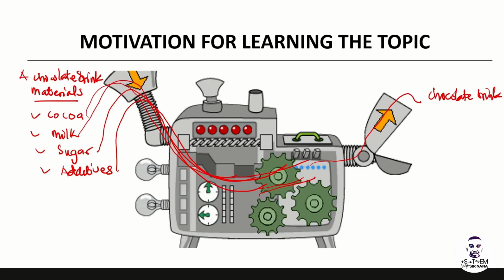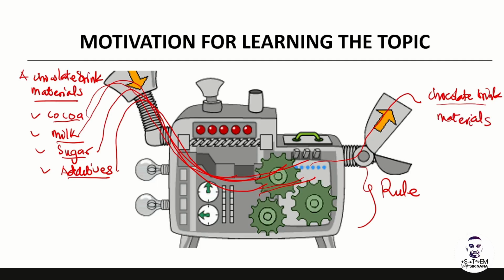Right. So this machine serves as a rule, and these cocoa, milk, sugar, and additives are the variables or the elements that we put together with the rule to produce another one, which is a chocolate drink. Right. Let's assume that the chocolate drink as well belongs to the set of materials.